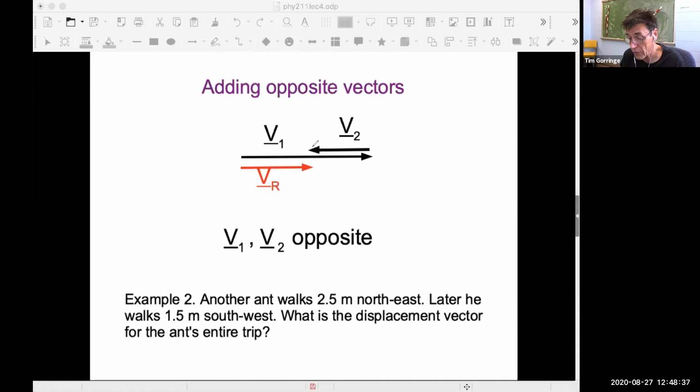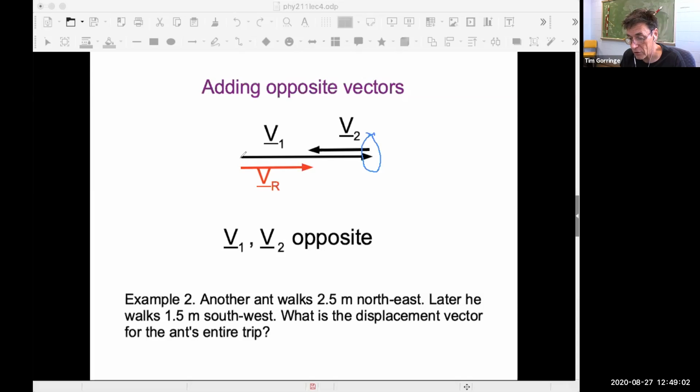So I drew the first vector, V1, it's the longer arrow here. Then I drew the second vector, V2, it's the shorter arrow here. And I drew V2 with its toes on the head of V1. So again, that's how we draw the addition of these two vectors. And then I followed the same rule about the resulting vector. That's the one in red.